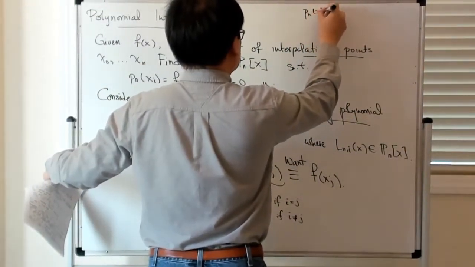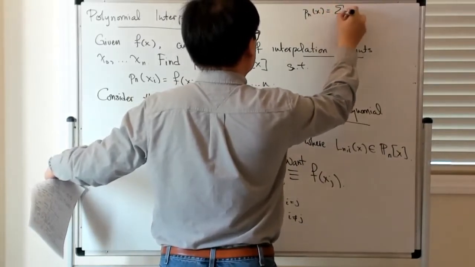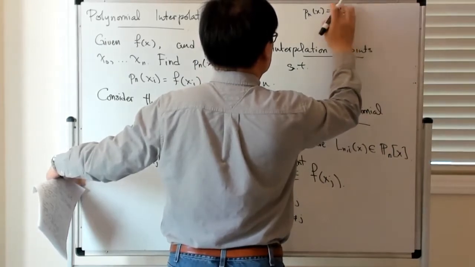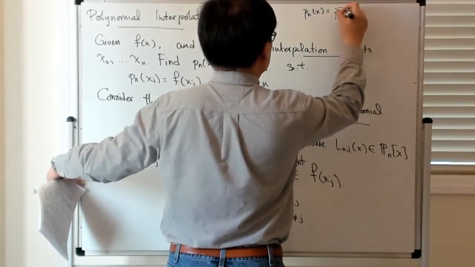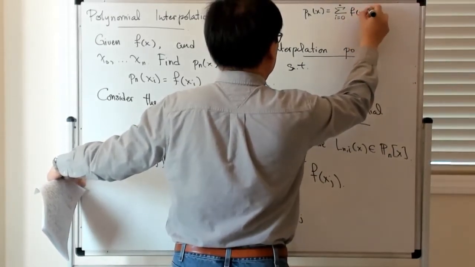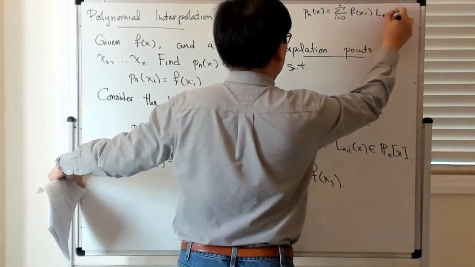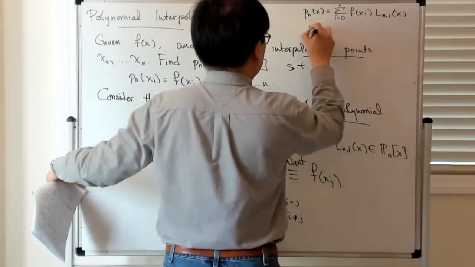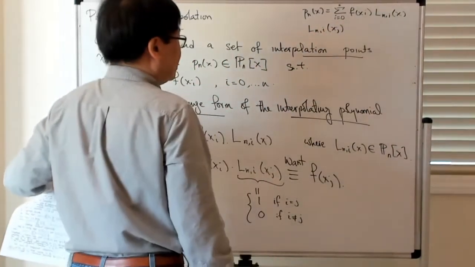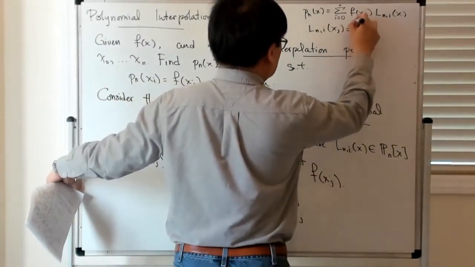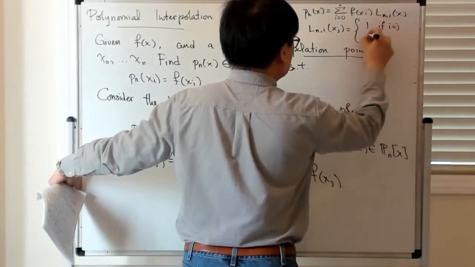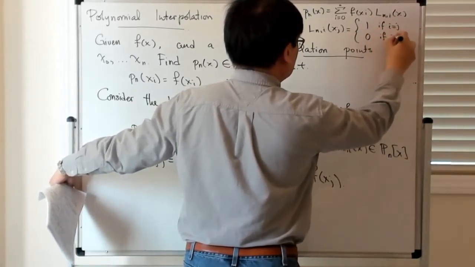P_n of x is going to be the sum from i equals 0 to n of f at x_i times L_ni of x, and you want L_ni of x evaluated at the point x_j to have this Kronecker delta property: 1 if i is equal to j and 0 if i is not equal to j.